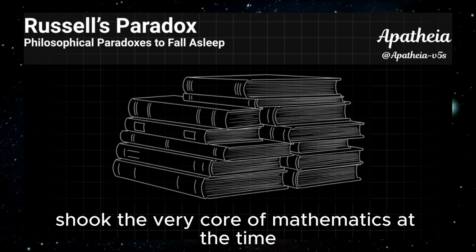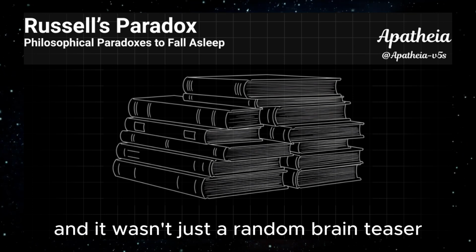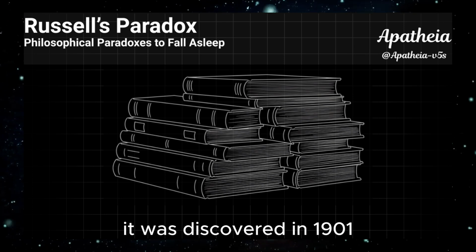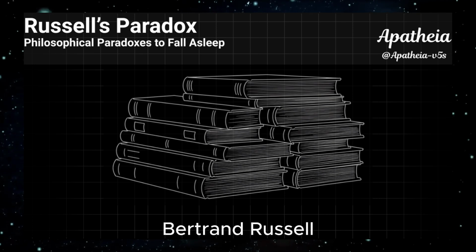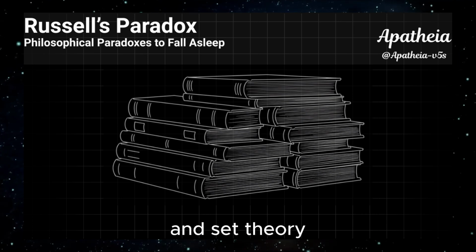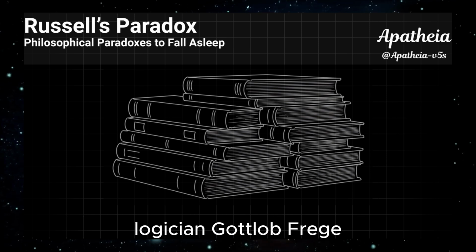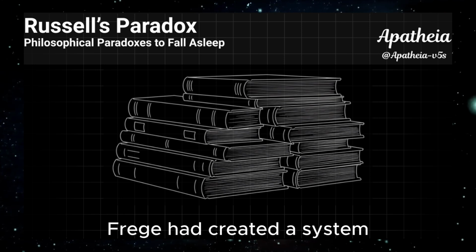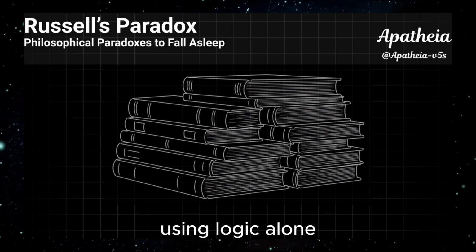This paradox shook the very core of mathematics at the time. And it wasn't just a random brain teaser. It was discovered in 1901 by a British philosopher and magician named Bertrand Russell. At the time, he was studying the foundations of mathematics and set theory, and he was deeply influenced by the work of German magician Gottlob Frege. Frege had created a system meant to define all of mathematics using logic alone.